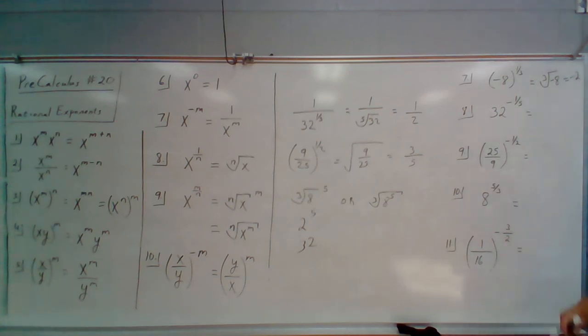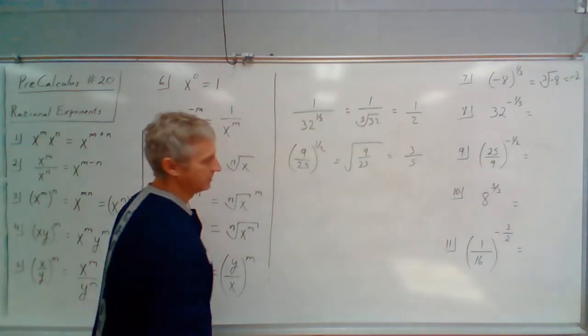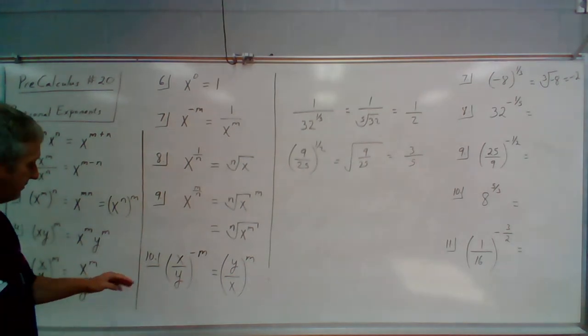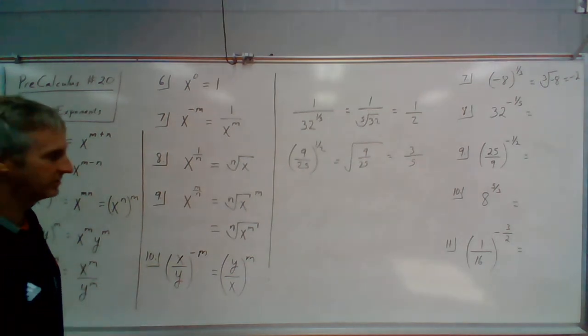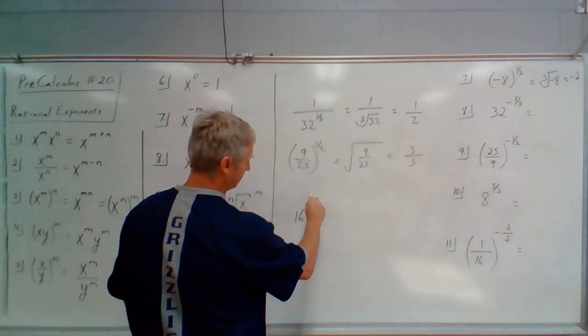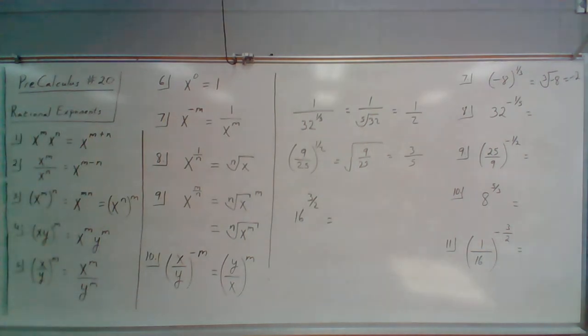All right, one last example. So I have a fraction raised to a negative number. The first thing I'm going to do is apply rule number 10. And I will get 16 to the 3 over 2 power. The reciprocal of 1/16 is just 16.